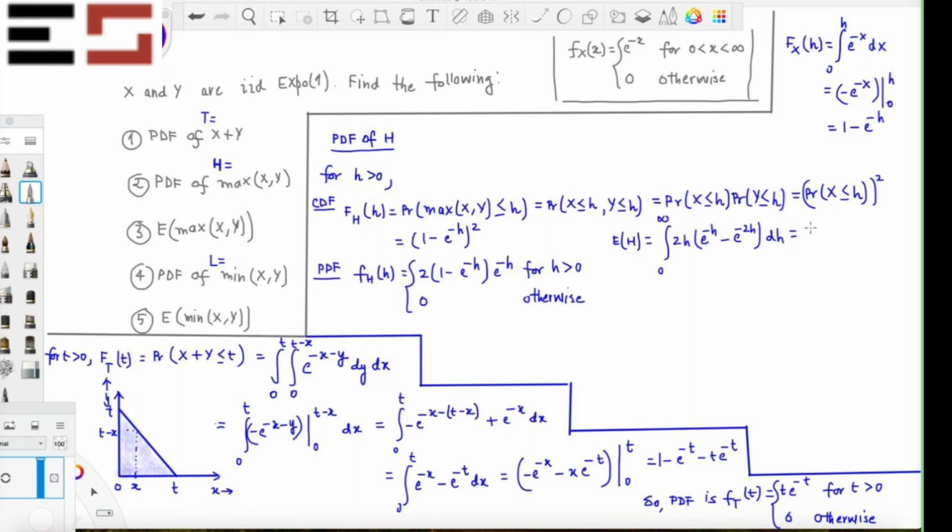Which is the integral from 0 to infinity of 2H e to the power minus H dH, minus the integral from 0 to infinity of 2H e to the power minus 2H dH, right?